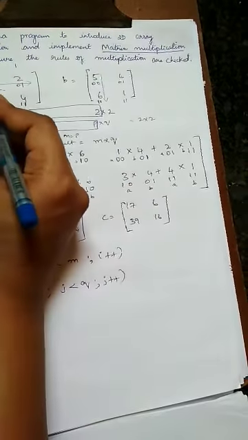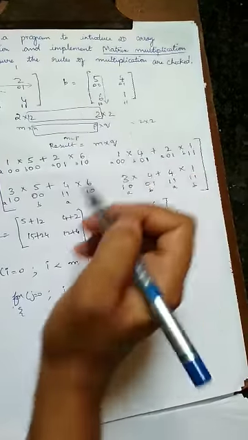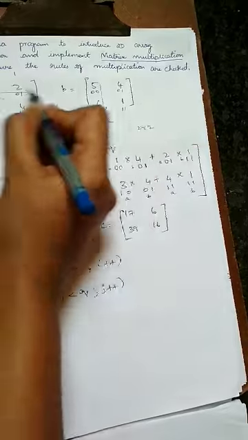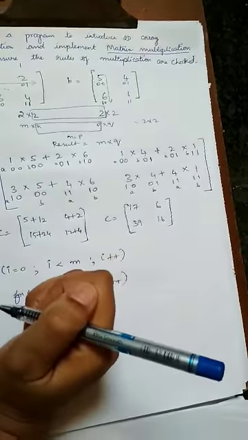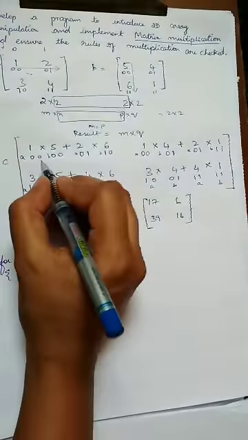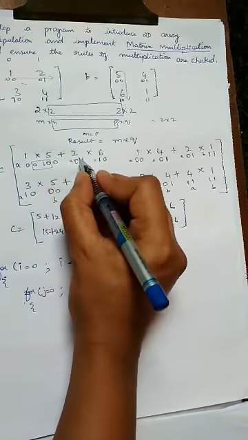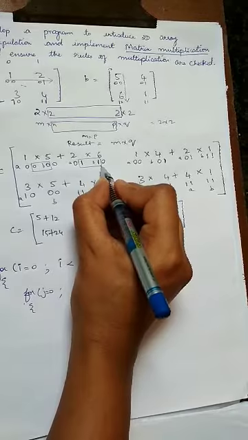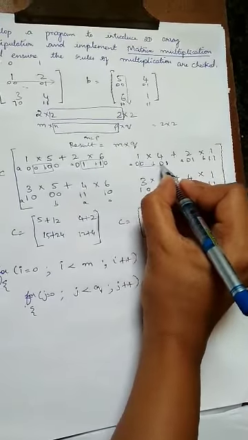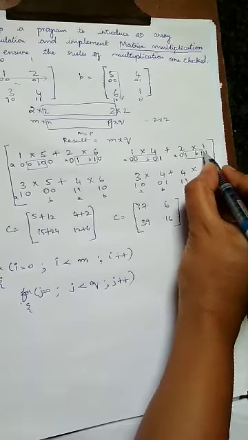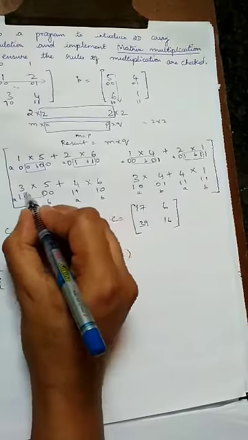But how to keep track of this particular row and this column only? That is first row, first column, first row, second column. How to keep track of it? So the simple idea: observe here, we have 0 0 1 1. You can observe the middle terms, the index here.